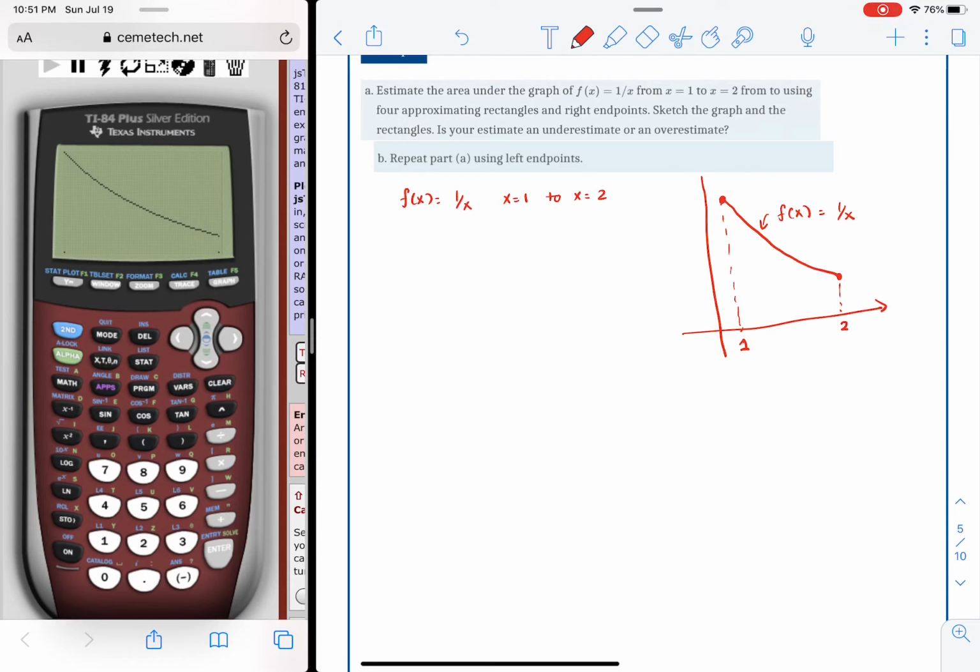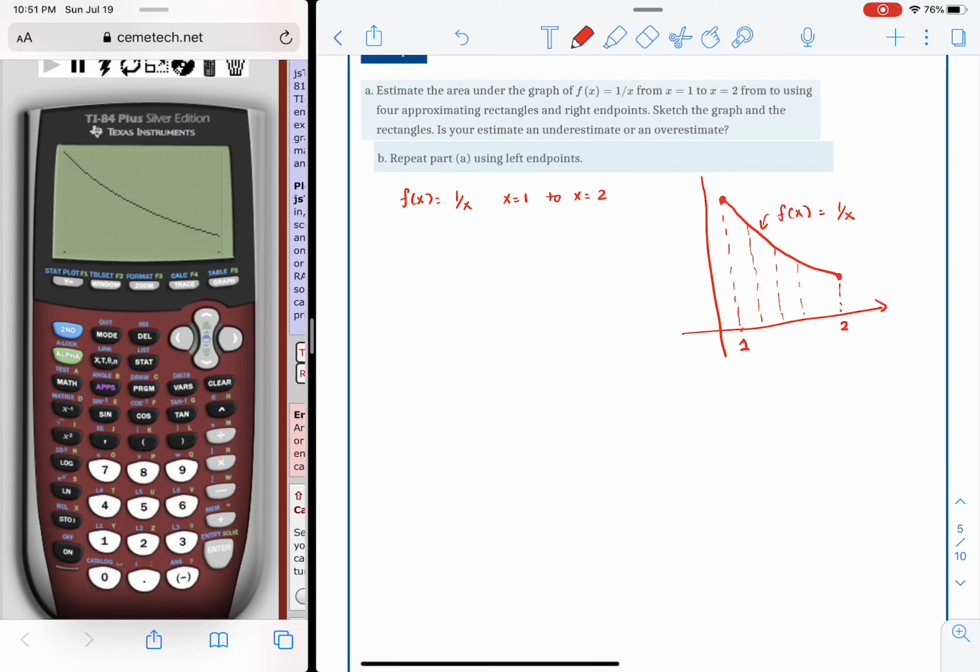And we need 4 approximating rectangles. In other words, we need to have 1, 2, 3, 4. So we need to have 4 endpoints.